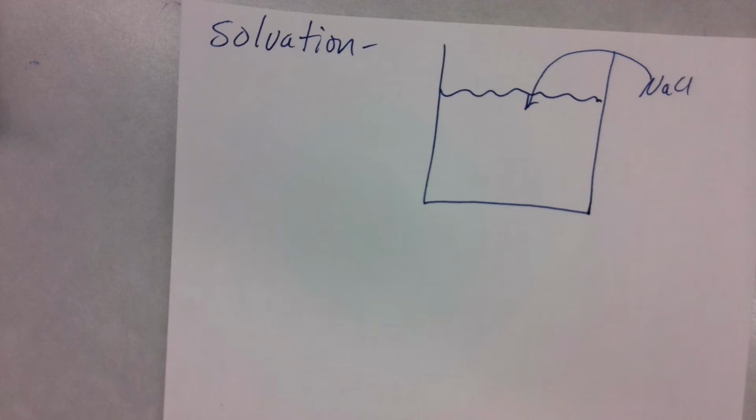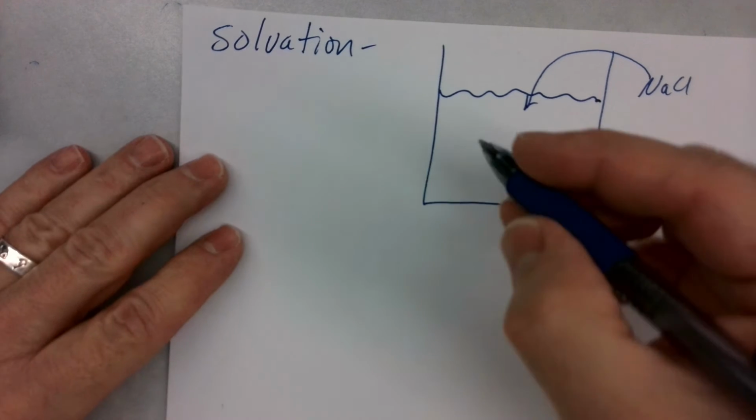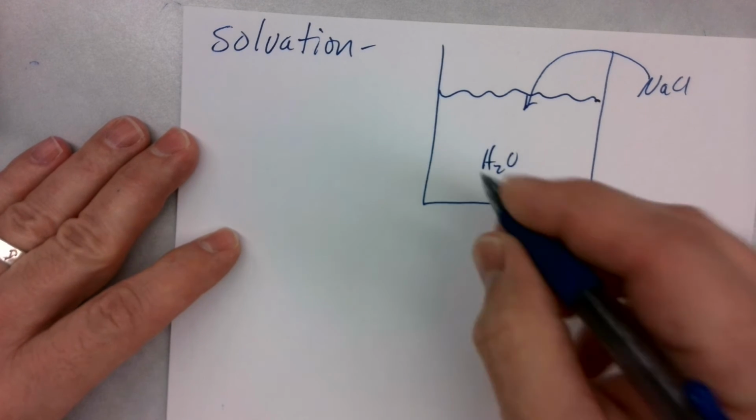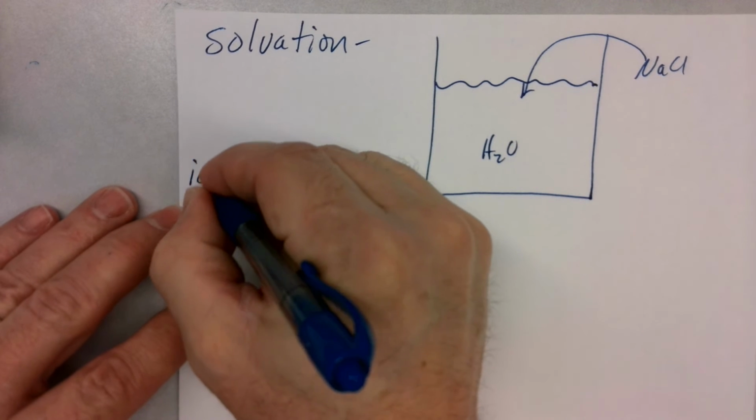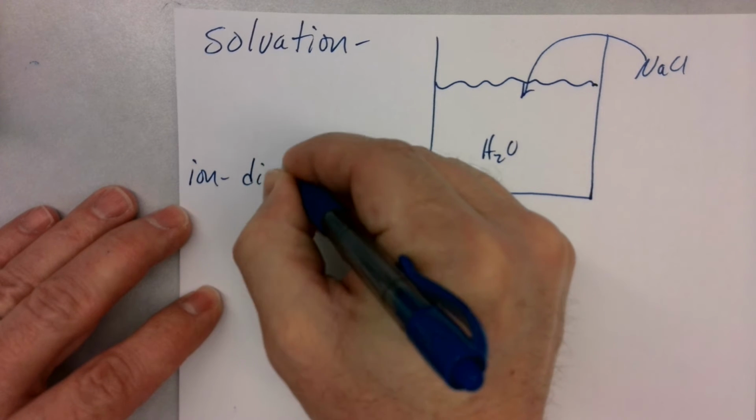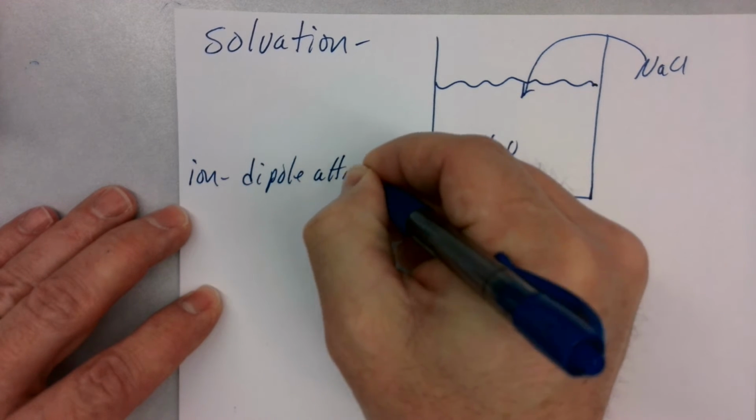And it literally tries to do what? It wants to pull it apart. As it does that, there's other water molecules kind of getting down in the nooks and crannies and trying to push it apart. And what ends up happening is that you create what is known as an ion dipole attraction.